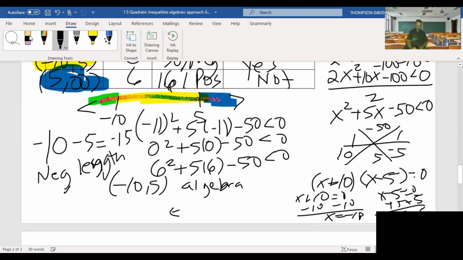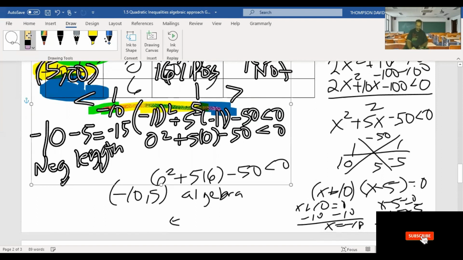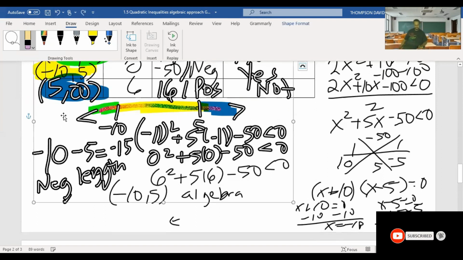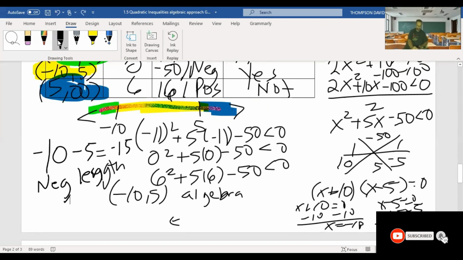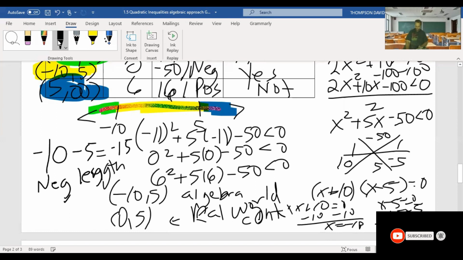So in our real world context, we have to take into consideration that negative lengths are not allowed. So we have to only take into consideration from 0 to 5. So this is our real world context, because anything less than 0 would result in a negative length.